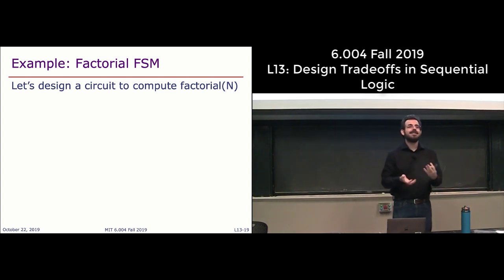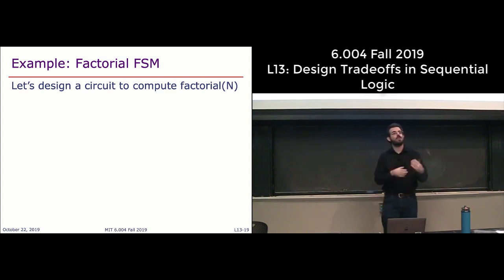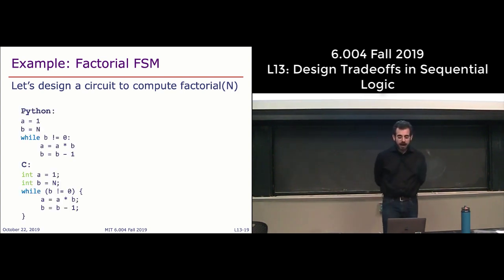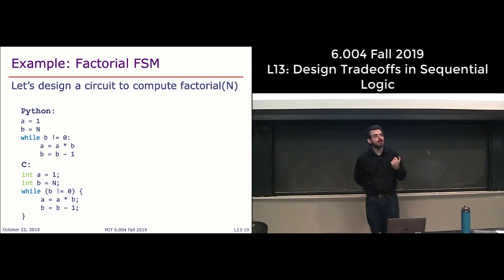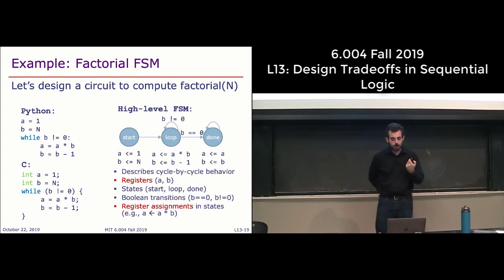See that they all have the same kind of structure, right? There's registers, there's operations, there's muxes to control what input the registers take. And so to see how to do this systematically, you can take factorial, which is shown here in Python and C. But remember, when we're designing sequential logic and when we're designing hardware, we want to specify what happens cycle by cycle. So one systematic way of doing this is with what we call a high-level finite state machine, where essentially you describe what's happening on every cycle.